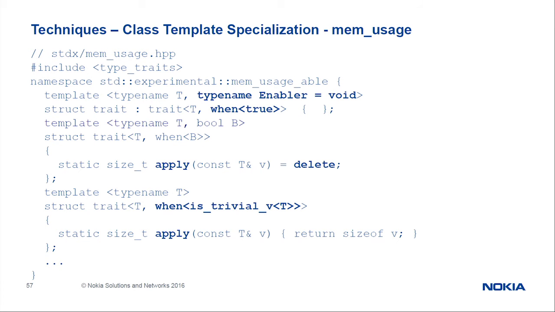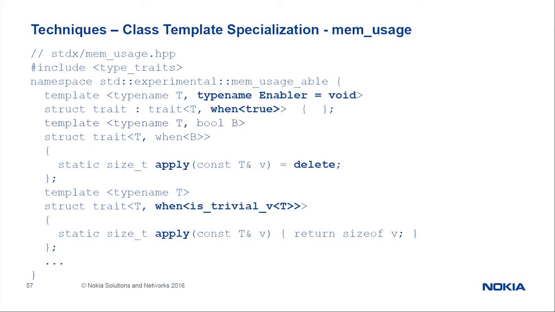Let's see how we can apply this to our function mem usage. I need a name for the concept, and I apologize, I have not found a good name. Mem uses able. Sorry. But we need a name associated to a concept, okay? Just we delete.